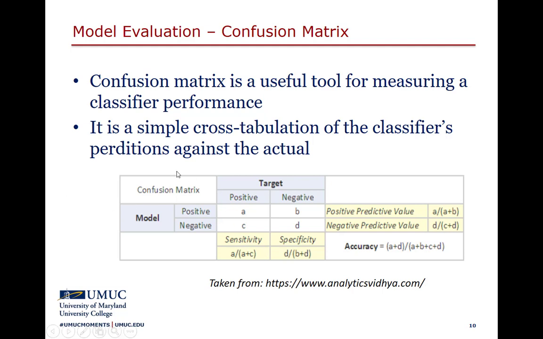Here I found this nice picture that captures different cases. In some cases the actual target is on the horizontal and the model prediction on the vertical. In this particular one, the columns show the actual cases in the data. It's called target here.